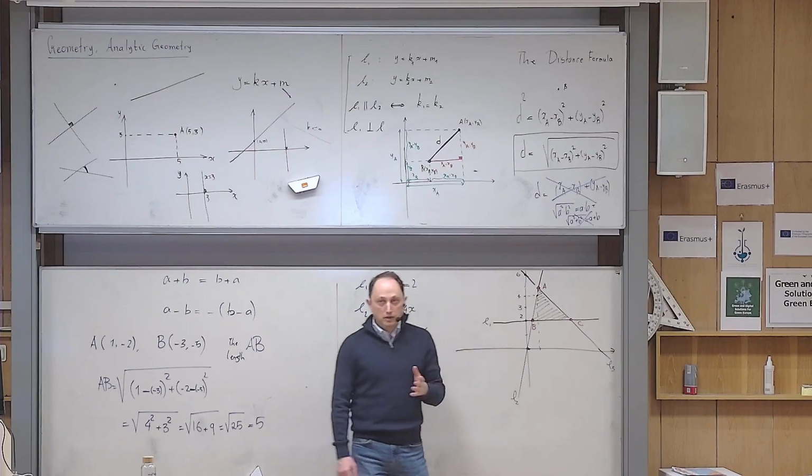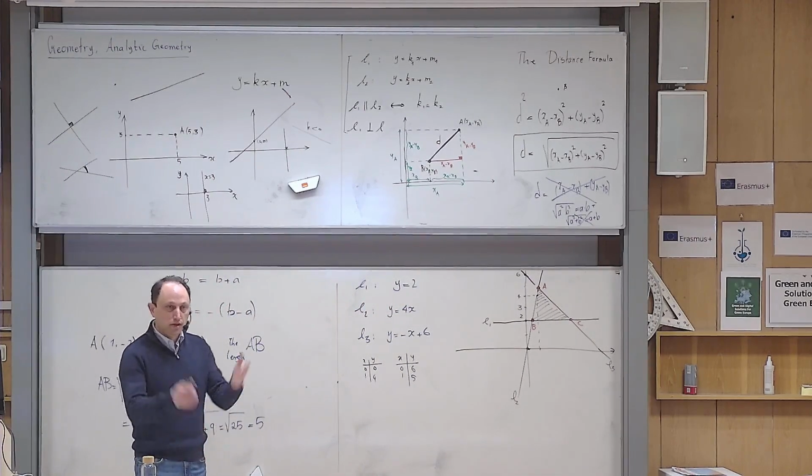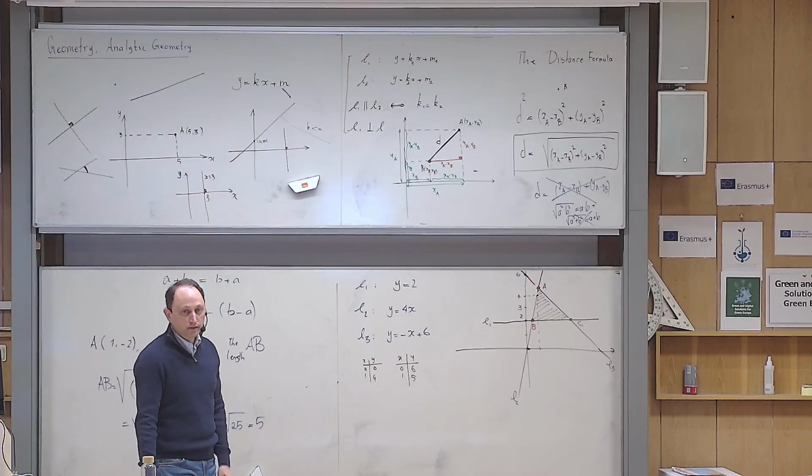So do you remember in chapter 2, if I want to find the intersection points of 2 functions, whatever, I need to solve a system. So what should I do? I need to solve a system. Yes?